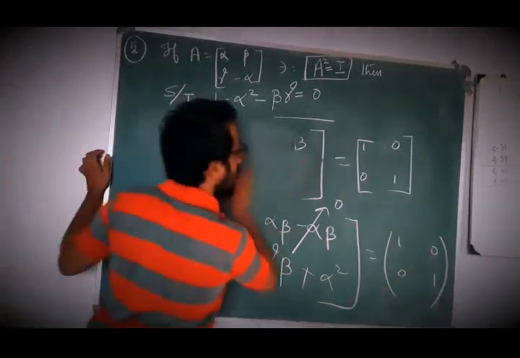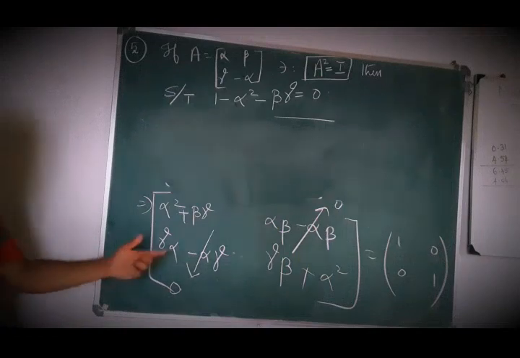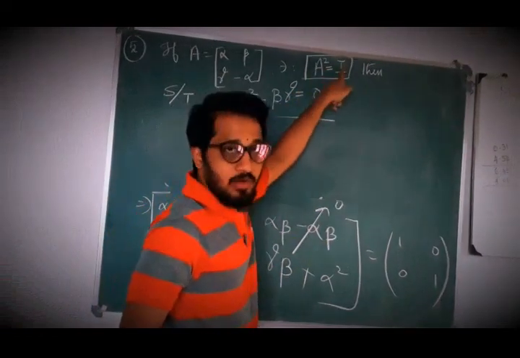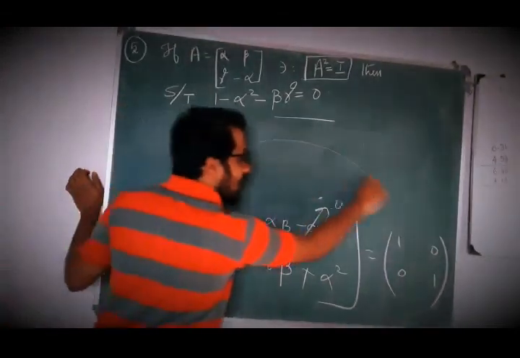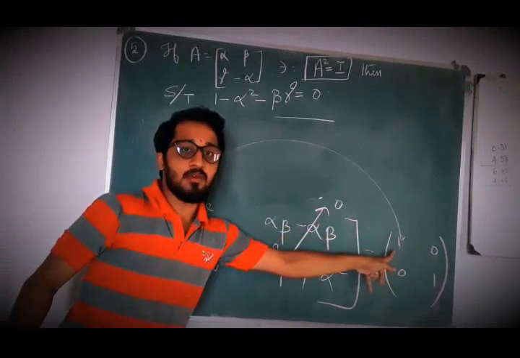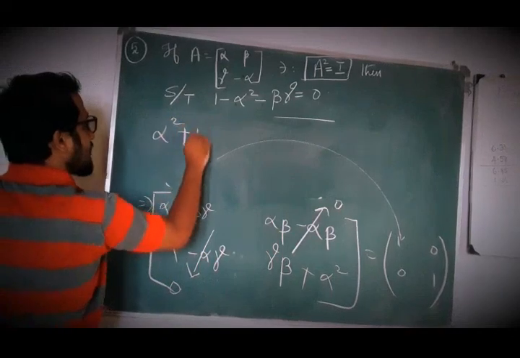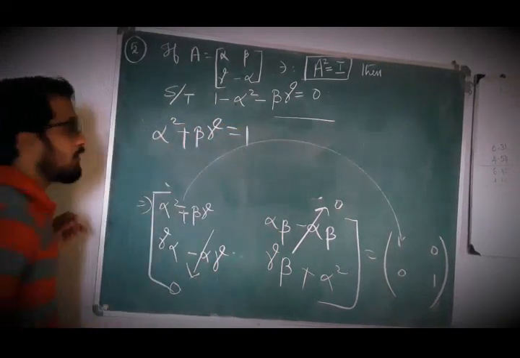Listen. Since both matrices are equal, since A square is equal to I, the orders of the matrices are the same, so I can equate the first element to the first element of the right hand side matrix. That is alpha square plus beta gamma is equal to 1.